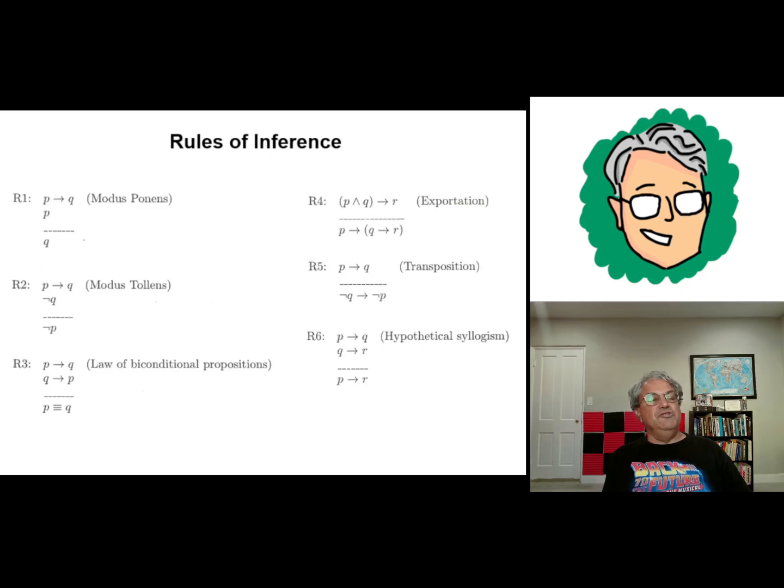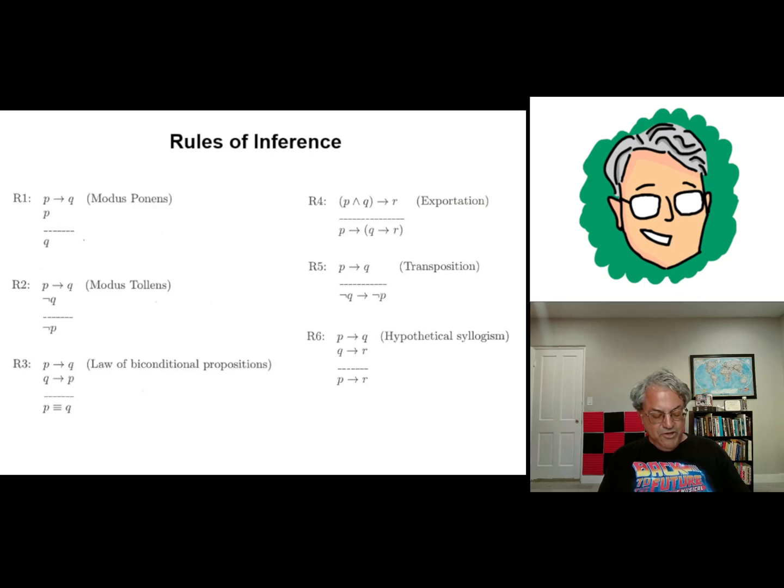Because remember, for if P then Q, the only case that's false is P being true and Q being false. So if we know P is true, it follows that Q is true. That's modus ponens. But if we know that Q is false, it follows that P is false. So you can think of modus tollens as the converse of modus ponens. Anyway, that's another important one.